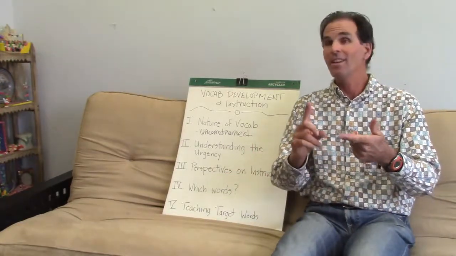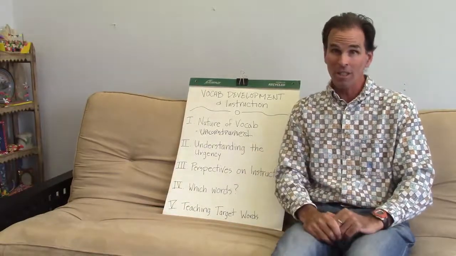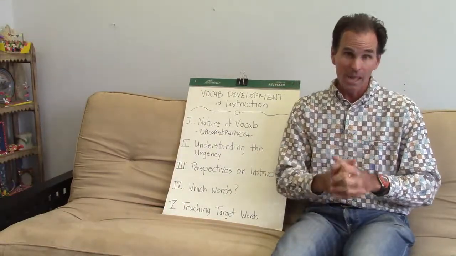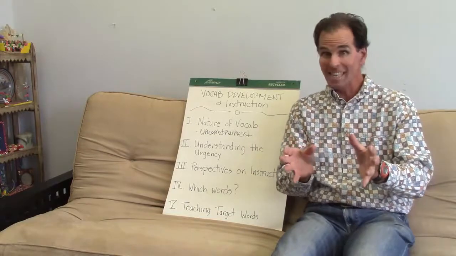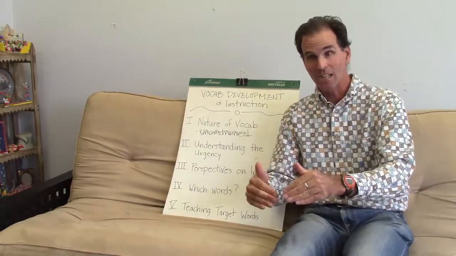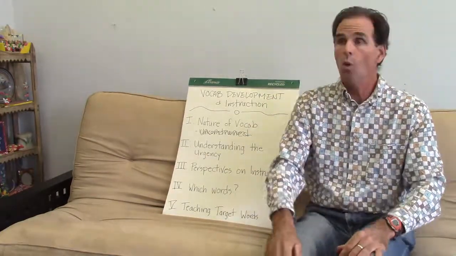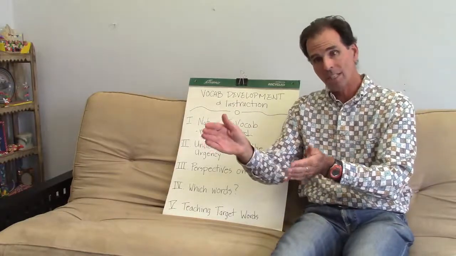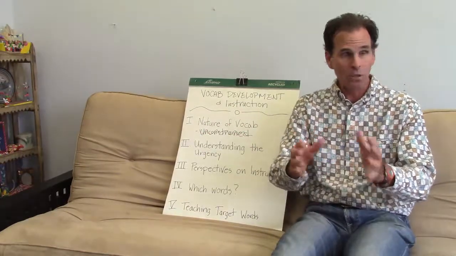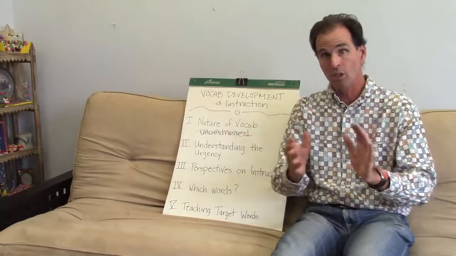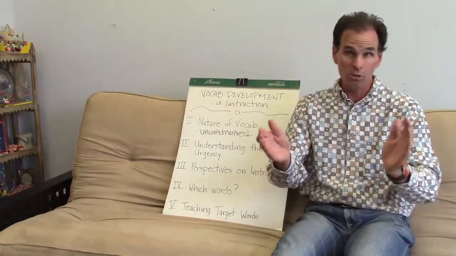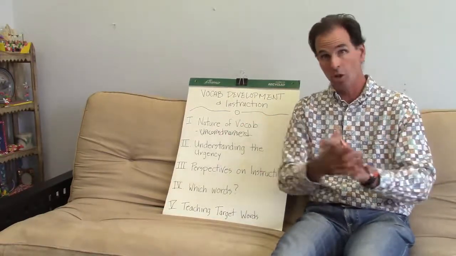Now, does that mean that's unimportant? Not at all, if you read enough and you encounter enough of those words. I made the point about one summer, I think it was before my son started 5th grade, I roughly estimated the number of words he read in the summer. It was 1.2 million words.